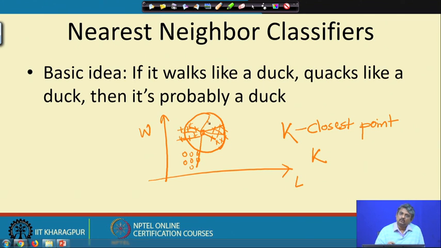So, basically I find the kth closest point, draw the smallest circle with this new point at center enclosing these k closest points. And these k points I will call the k neighbors of this new point, or sometimes the k nearest neighbors.